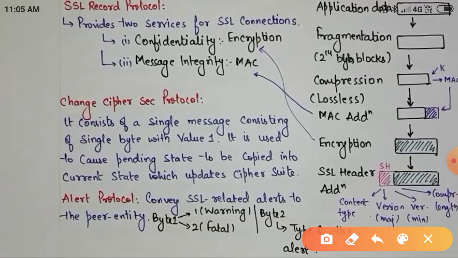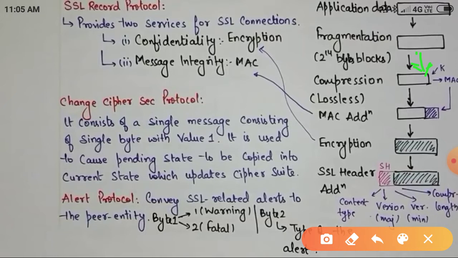After that, the SSL protocol compresses the data without losing the information, by using the compression function. Compression function means hash functions; we call a hash function a compression function. By using a hashing function, the data is compressed.